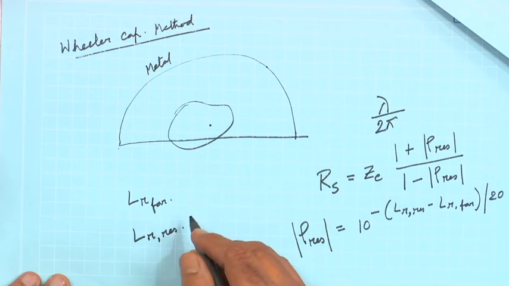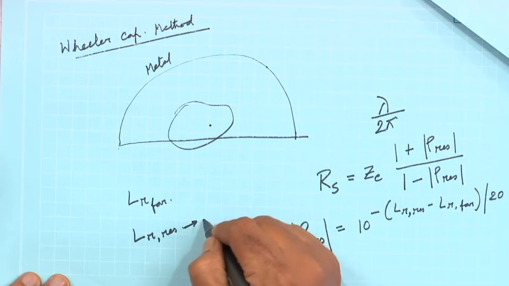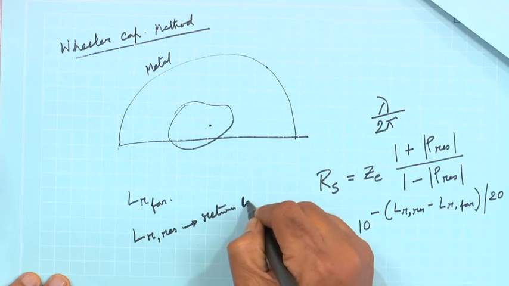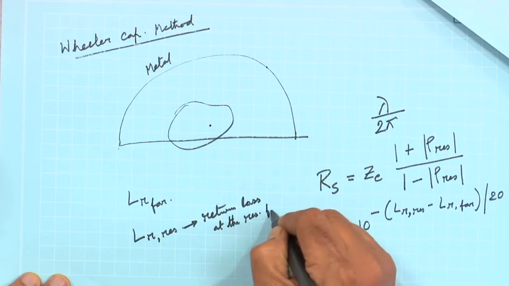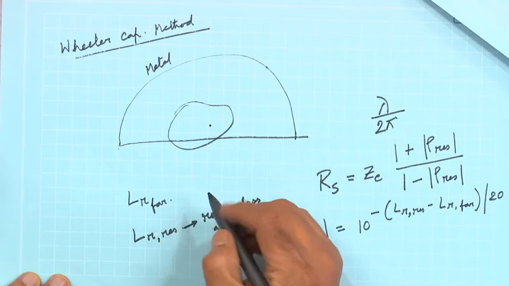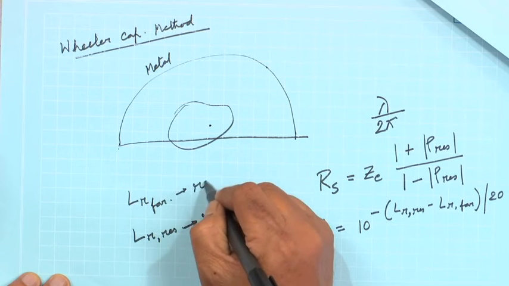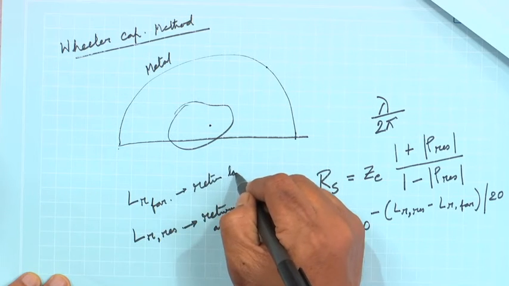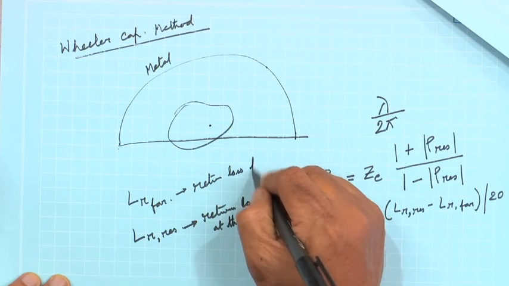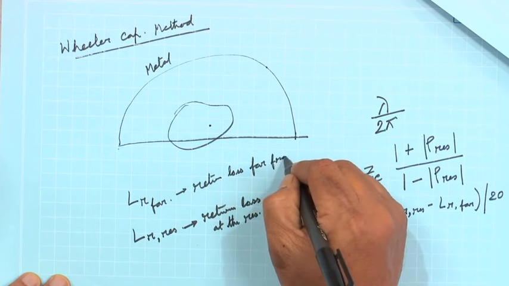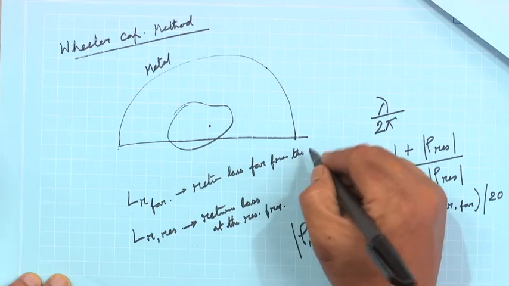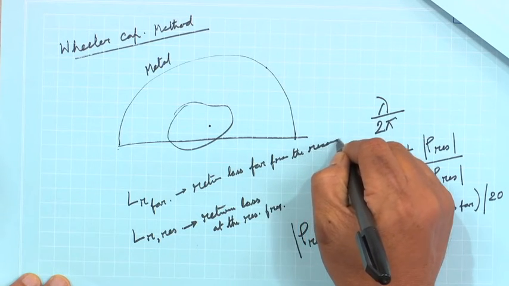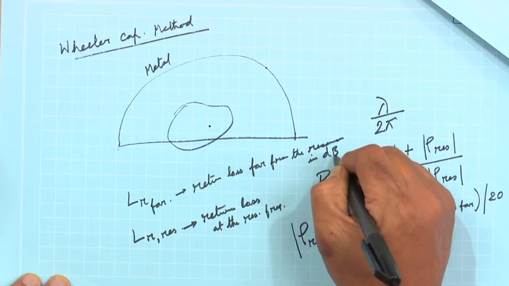LRRS is the return loss at the resonant frequency, that is why it is called LRRS, and LR far is the return loss far from the resonance. That means far from the resonance there is no radiation resistance, so it is basically due to the loss, in dB. This is also in dB.